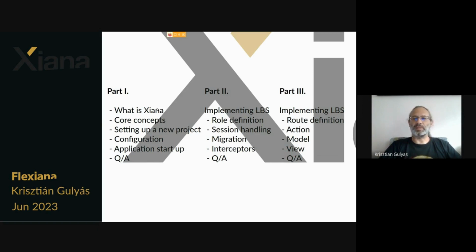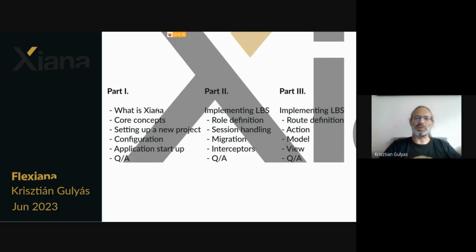Then in the second and the third part, I will show you some code. I asked ChatGPT to give me a specification for a library booking system, and I already implemented some part of the code to demonstrate how easy it is to work with Xiana.